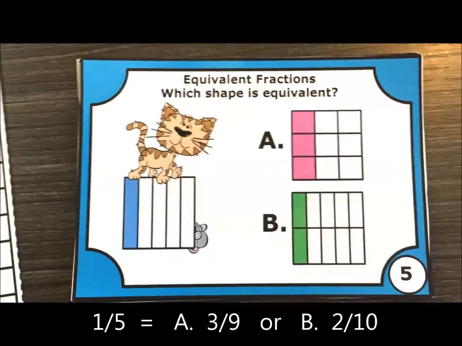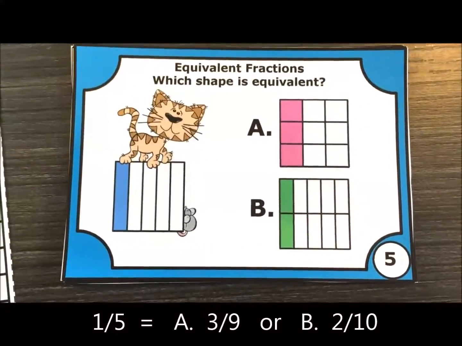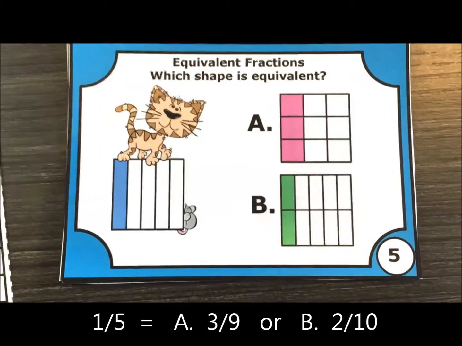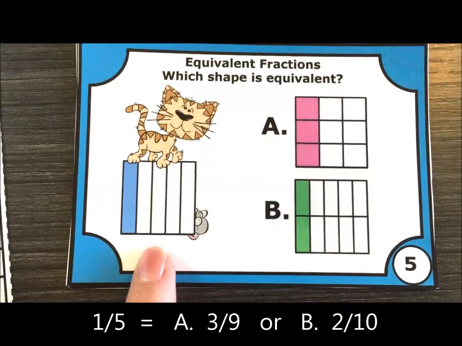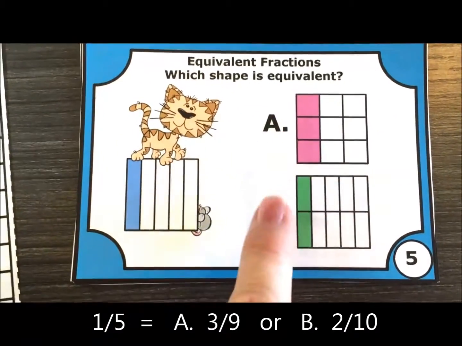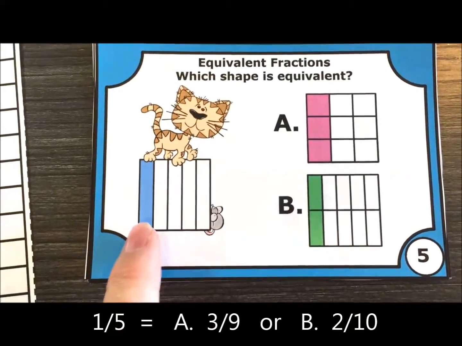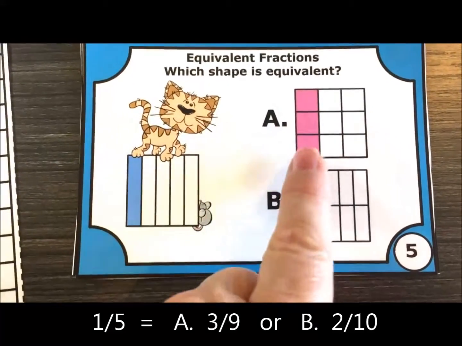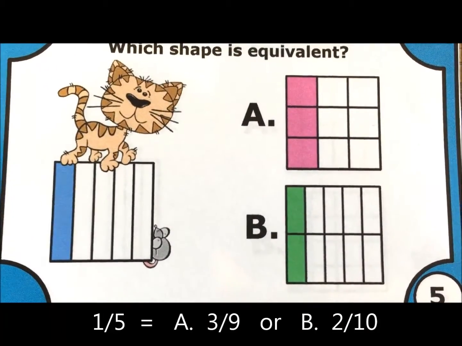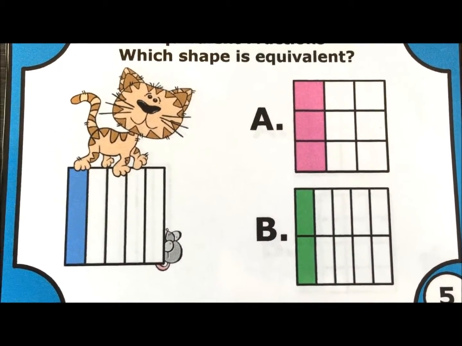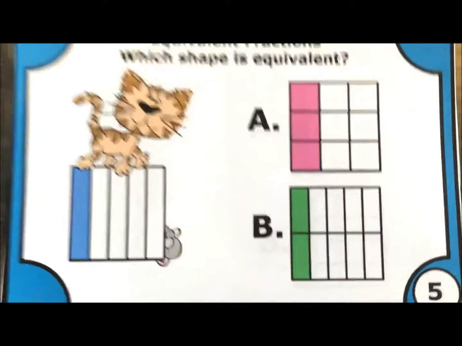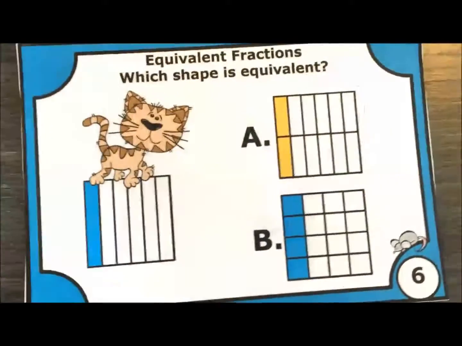Number 5. Remember, you may pause at any moment if you need more time. Which shape is equivalent to this one? A or B? Does A or B have the same size of shaded area? Which shape is equivalent? Number 6.